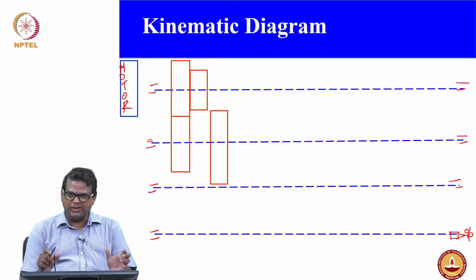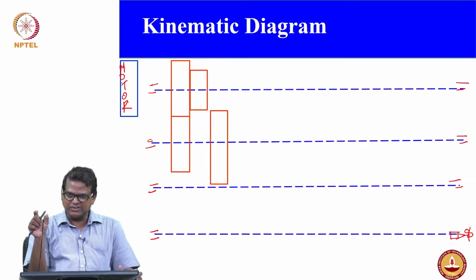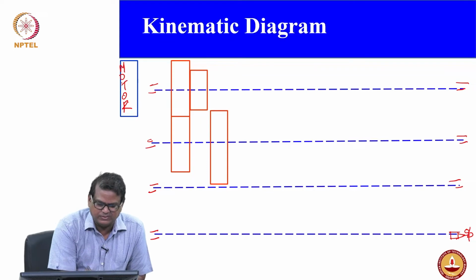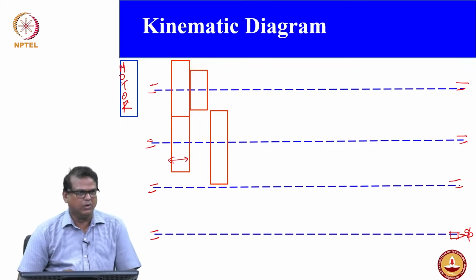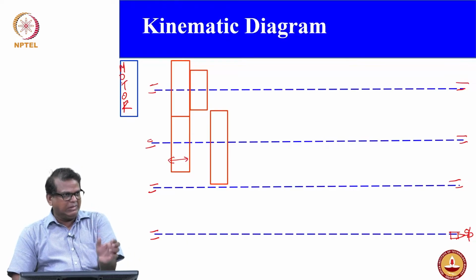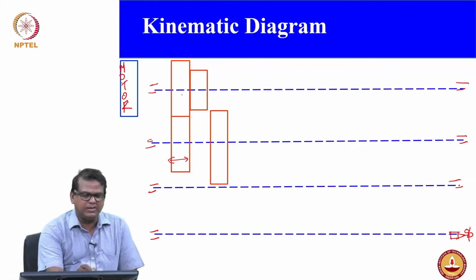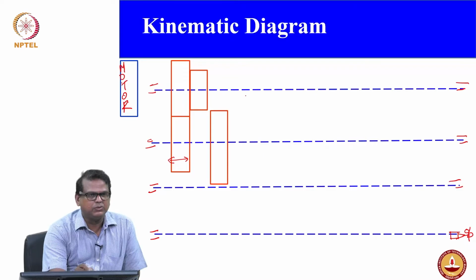So they have to be placed based on the face width or thickness of the gear. This is called face width. This is the face width. This is the face width. So you should leave that much distance as a gap, with a little clearance, so that you can shift from this engagement between these two to the next engagement.